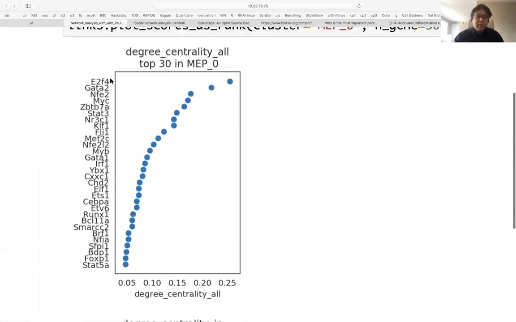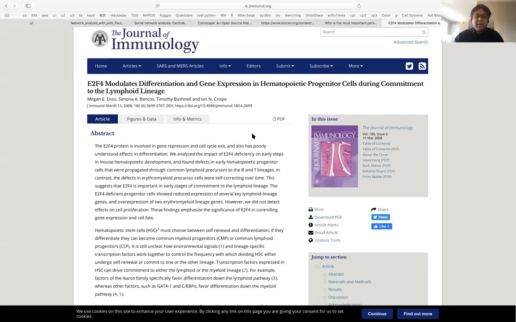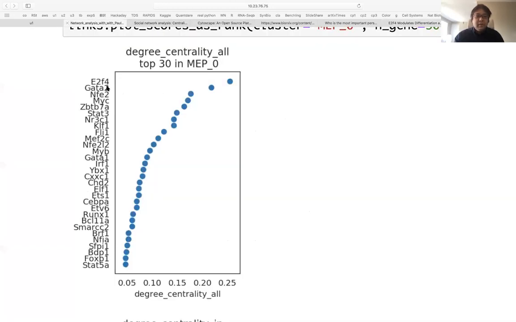For example, E2F4 is a really important gene that regulates many things in hematopoietic stem cell differentiation. If you look at this table, maybe you can pick up some key regulatory genes.